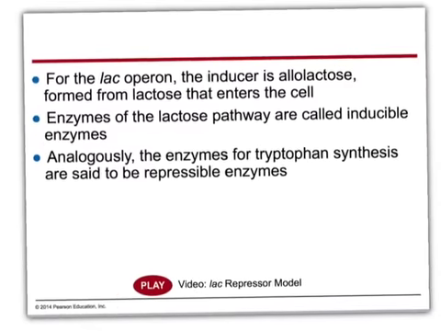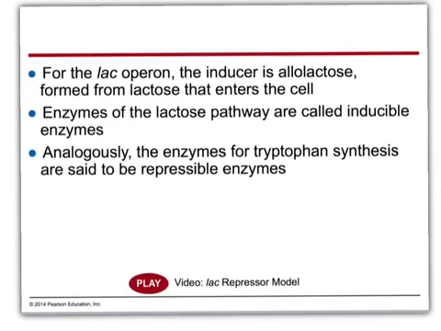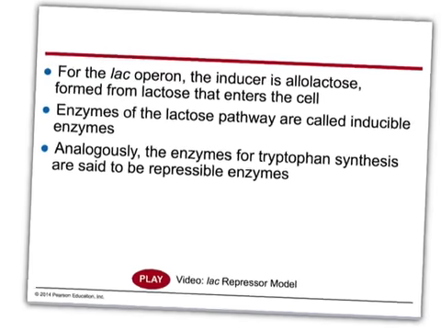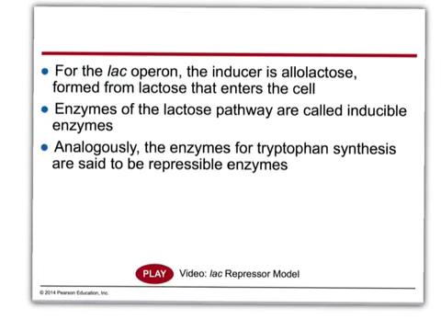So for the lac operon, the inducer is allolactose, basically a form of lactose that enters the cell as it gets changed in shape. And when that happens, the inducer binds to the repressor protein, inactivates it, and now those genes are turned on.